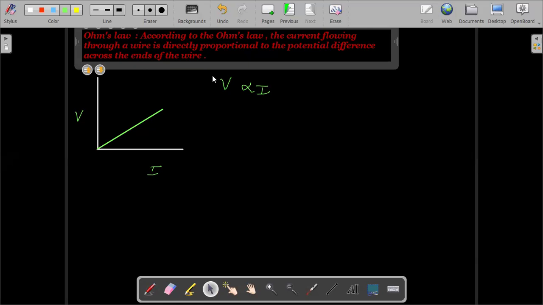So are there also some conditions for this to hold? The answer is yes, we have some conditions.